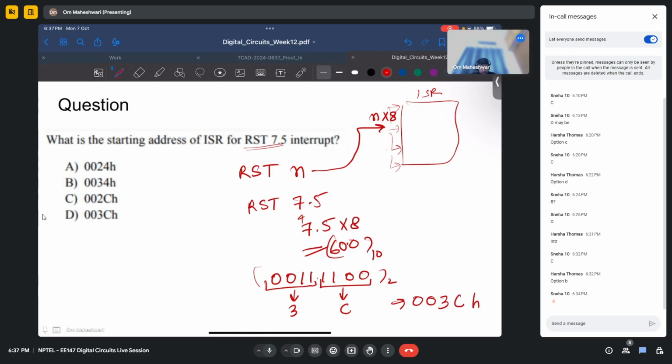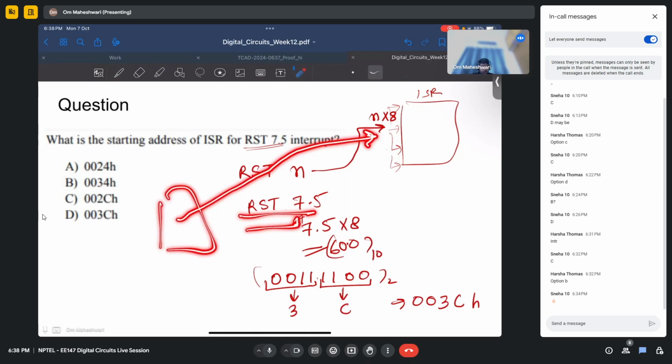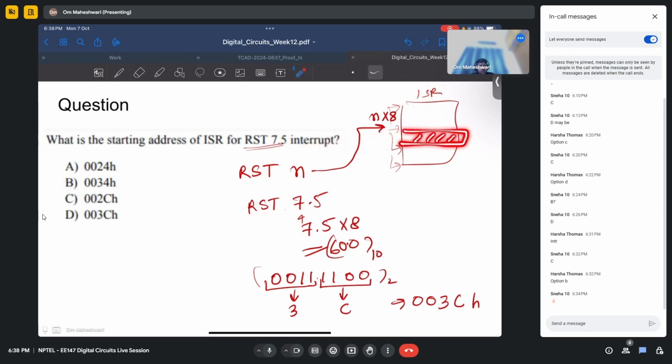Whenever the RST 7.5 interrupt occurs, your program will go look into the ISR at the address 003CH. Whatever is written there, it will do.